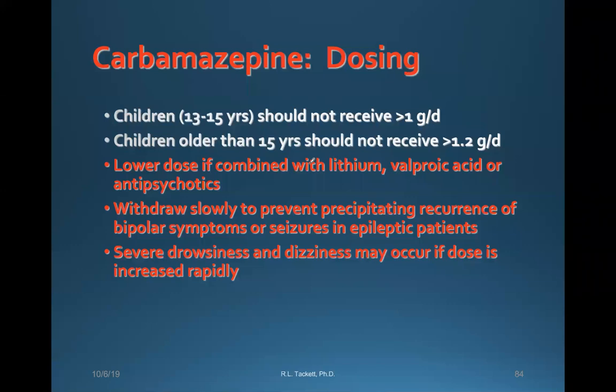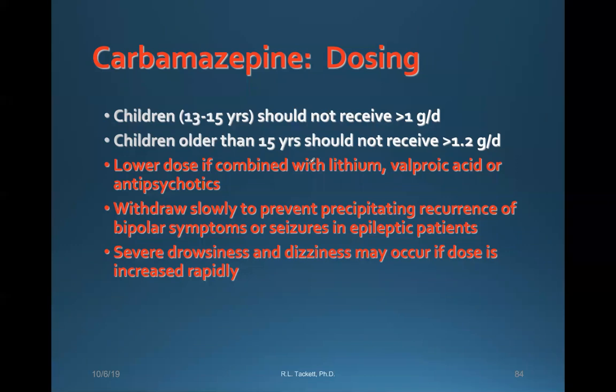A lot of times polypharmacy may occur when patients have multiple treaters, or a treater is adding drugs and not taking off the other drugs. But if we're going to use lithium, valproic acid, or other antipsychotics in addition to it, typically we're going to use a little lower dose.